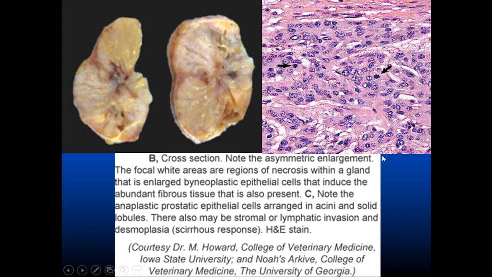The nuclear size is varying here. They are large, but there are also some small nuclei. This variation in nuclear size actually represents nuclear polymorphism. That's a common characteristic of adenocarcinoma in the prostate.